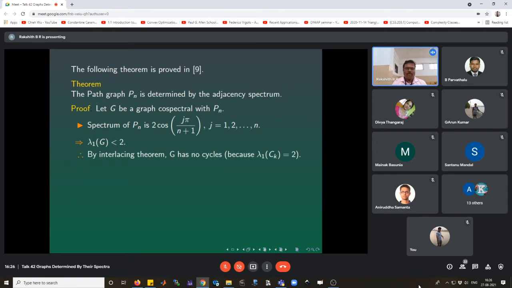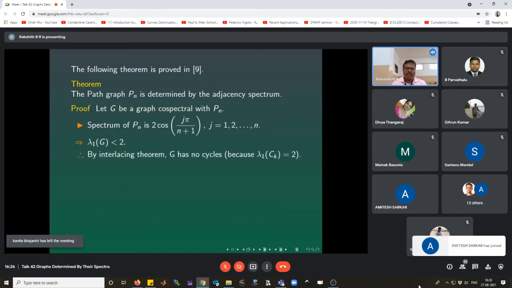Now suppose G has a cycle. Then its largest eigenvalue is 2, and that means it has an induced cycle.